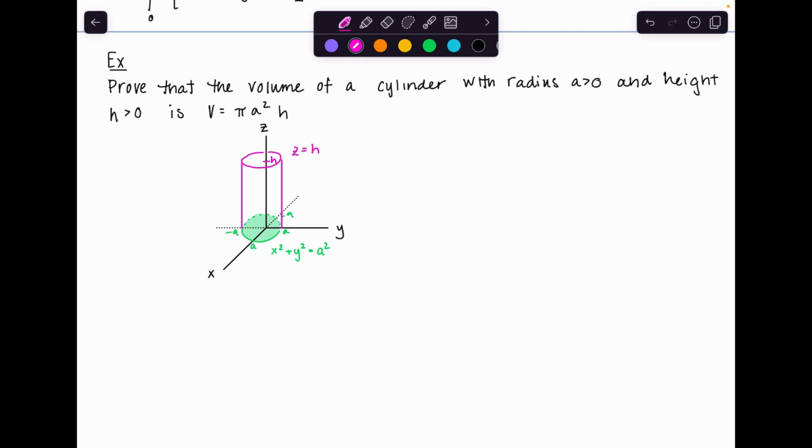And then in our x and y direction, we're just going out in this circle of radius a. So if I want to find the volume of this thing, it's the double integral over this region R. The inside function is just h. And then we go ahead and integrate with respect to x and y.